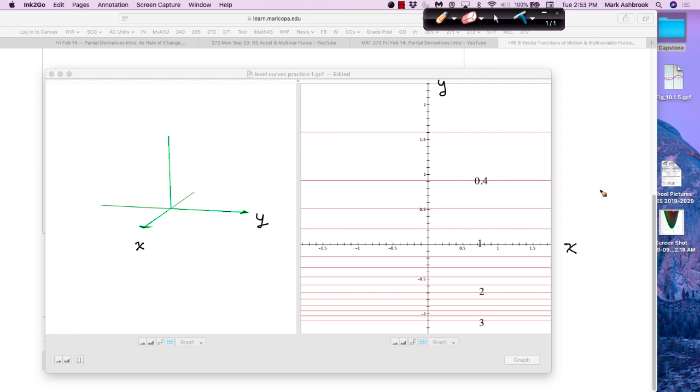Where the z values are the highest here, and then when we get to the x-axis, z equals 1, and then when we go into positive y territory, it's getting closer and closer to 0.